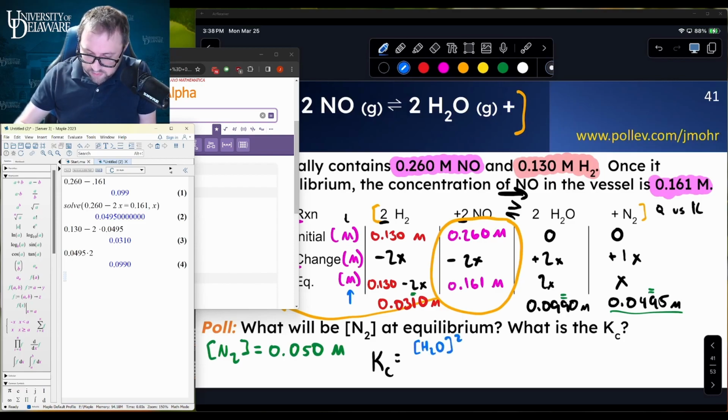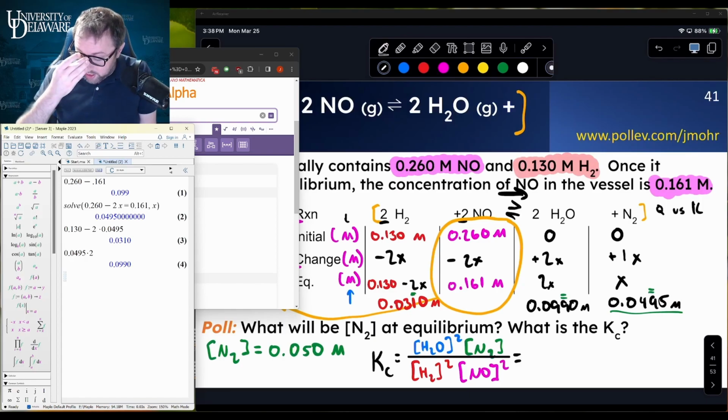That has a coefficient of 2. We have nitrogen. That has a coefficient of 1, so I don't have to raise it to anything. We have hydrogen, which has a coefficient of 2, so I'm going to square that. And we have nitrogen monoxide, which also has a coefficient of 2.